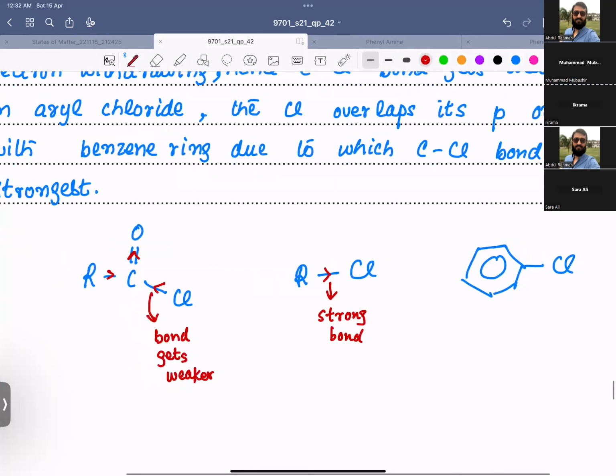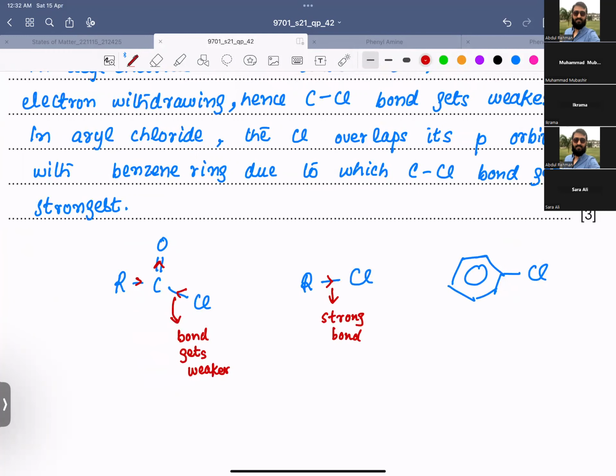And here, chlorine overlaps its lone pair in the p orbital with the p system of the benzene ring. So here the carbon chlorine bond is the strongest bond. Obviously, if it's the strongest bond, it would be very difficult to hydrolyze this one.